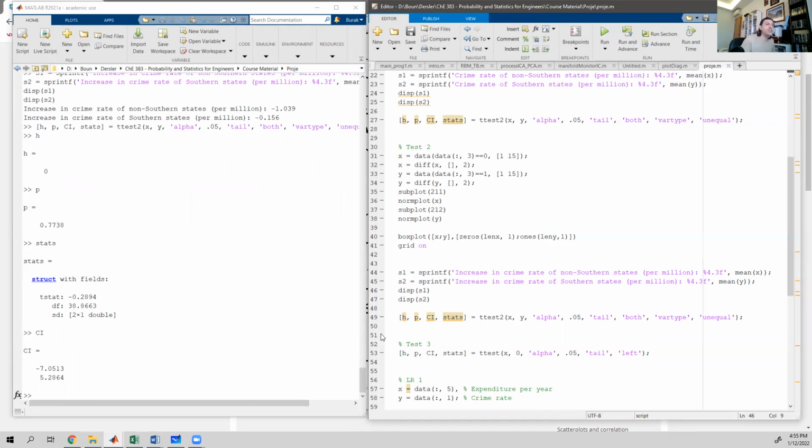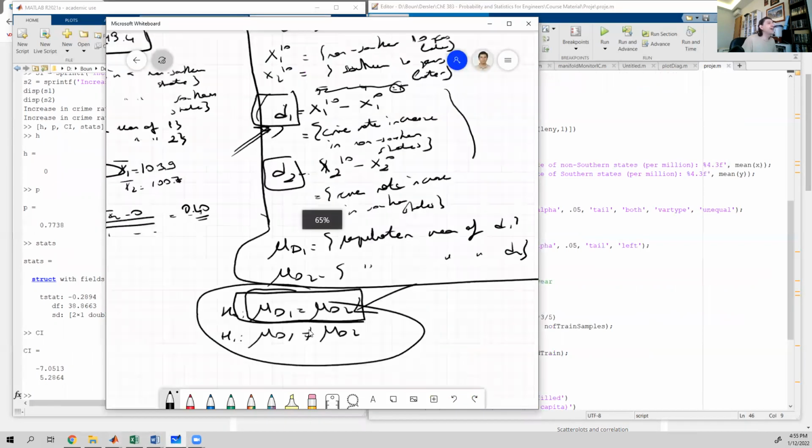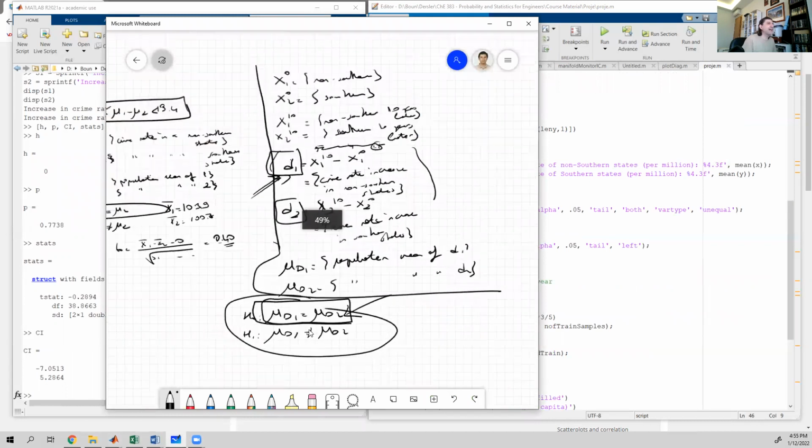So it's up to your imagination to come up with different tests. And the third test is the one I have already written here. Note that this only checks whether there is a difference in the change of crime rates between those two types of states. This does not say that there is no difference in the crime rates in the non-Saturn and the Saturn states.